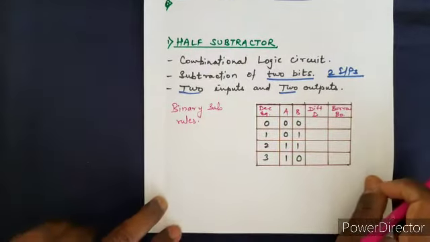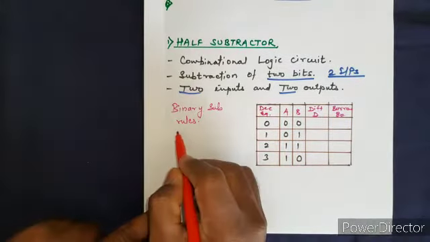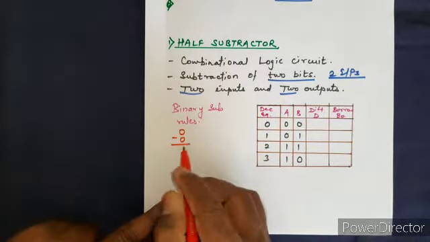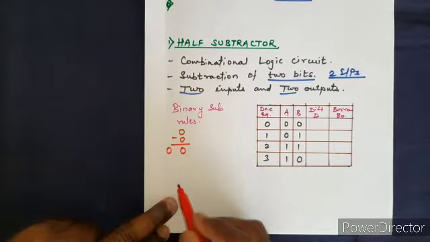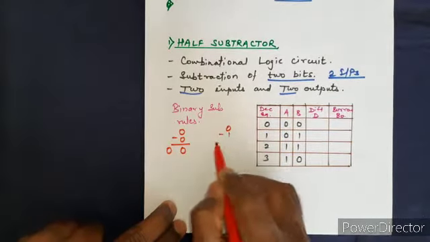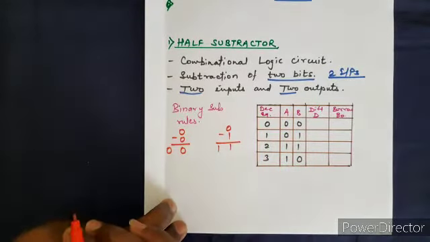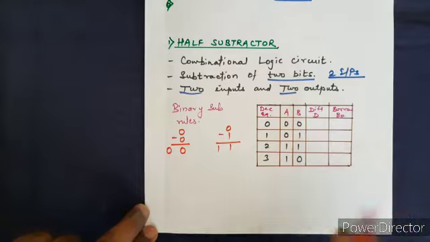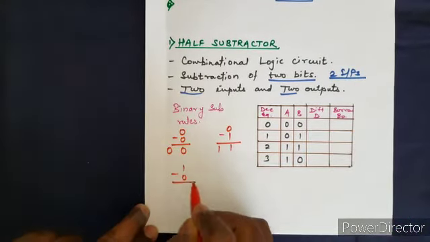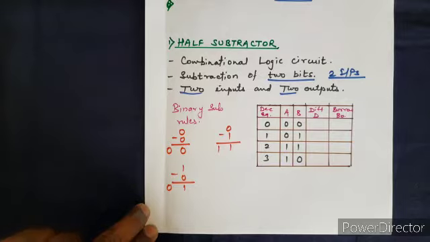Very quickly we can recall those rules. 0 minus 0: difference is 0 and borrow is also 0. 0 minus 1: difference is 1 and borrow is also 1. 1 minus 0: difference is 1, borrow is 0.